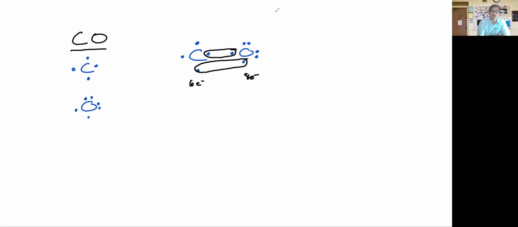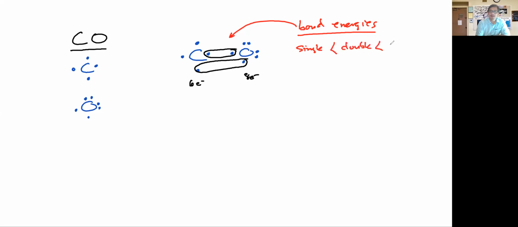And these bond energies are different for different bonds. So in terms of bond energies, a single bond is going to be less than a double bond, which is going to be less than a triple bond. What am I saying here? The single bond is the weakest of the bonds. The triple bond is the strongest.